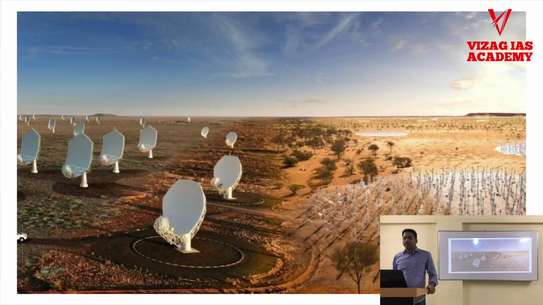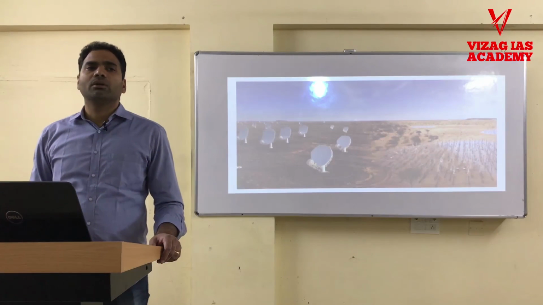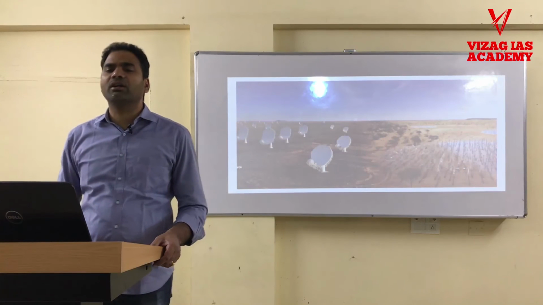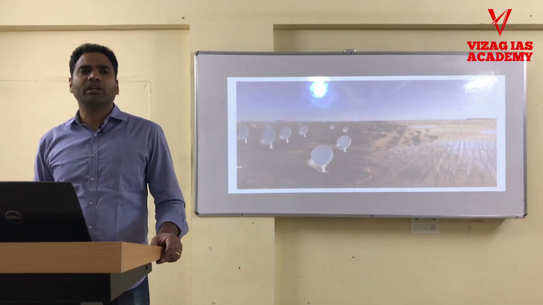See, this is an example. In the left you have a zoomed photo and in the right you have a bird's eye view. Okay. So, this is how a cluster of radio antennas, telescopes, together capture the image.